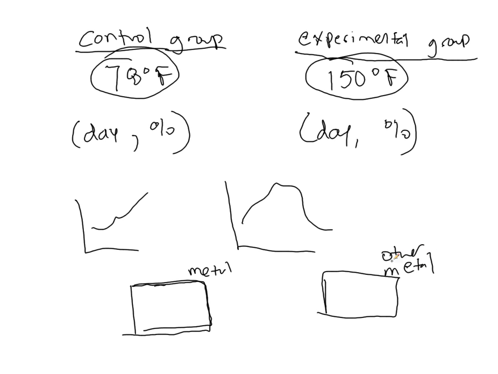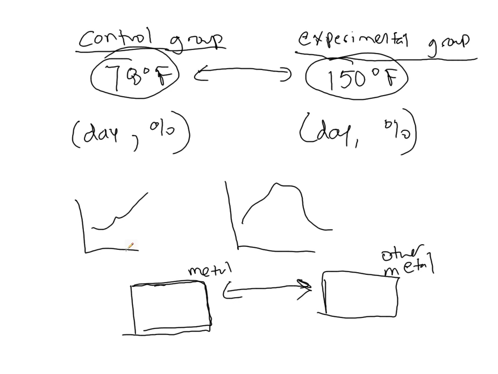But with the metal and the other metal, how many variables do you actually have? You have a control group, which you're saying is identical to the experimental group except that one thing is different, i.e. the temperature. But now, in your actual experimental process, you have incorporated another factor, the material in which the bread is being stored.